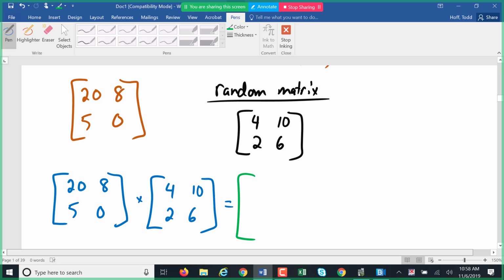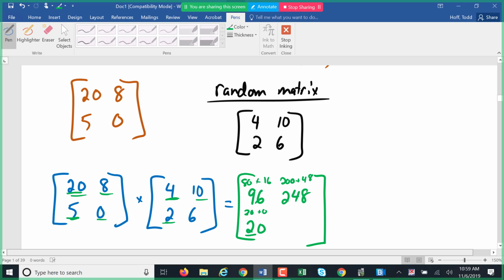So in my matrix here, I've got 20 times 4 is 80, plus 8 times 2 is 16. So my first entry is a 96. My second entry, 20 times 10 is 200, plus 8 times 6 is 48, so 248. My third entry, I've got 5 times 4 is 20, plus 0 times 2 is 0, just a 20.